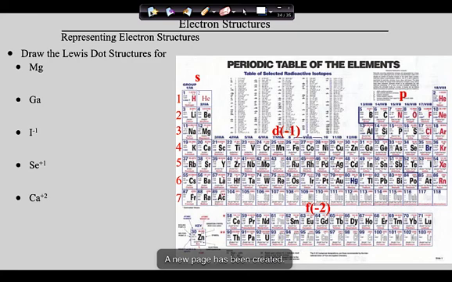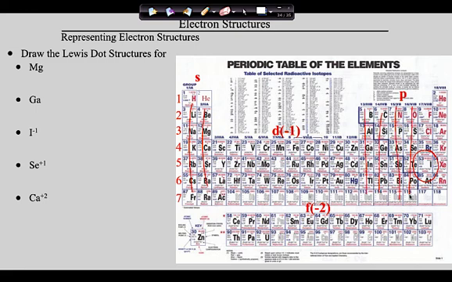So if we take a look at iodine, iodine is element number 53. We need to count over to its group. So we go 1, 2, 3, 4, 5, 6, 7. So we understand that iodine will have 7 valence electrons. So we go iodine is the abbreviation.